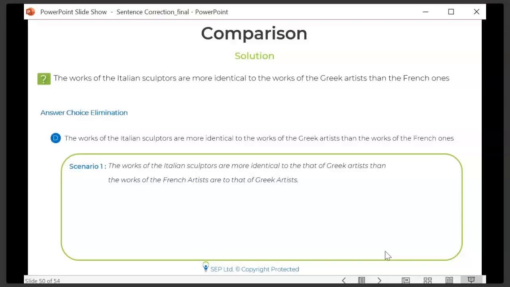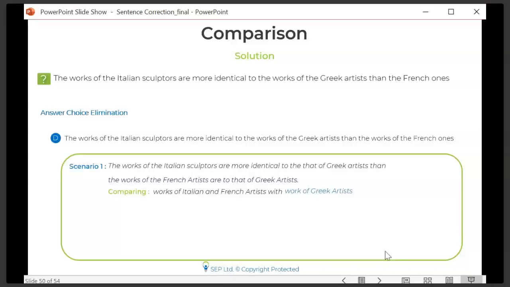So here the comparison is between the works of Italian and French artists, and the parameter is what? More identical to a third party, that is the work of the Greek artists.